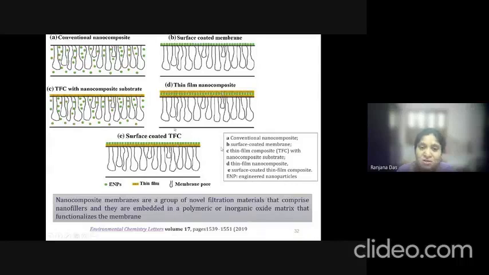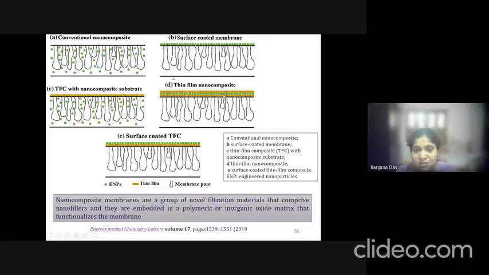Another option is there if we want to minimize the cost, because we don't want to use two films, then a single film can also be used. In that case, the material will be trapped within the thin film. In comparison to the surface coated membrane, this one is also advantageous.